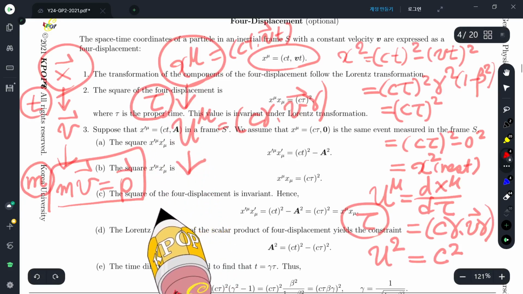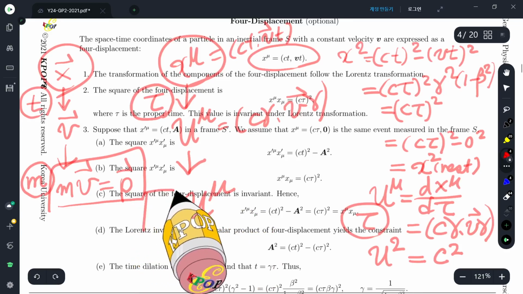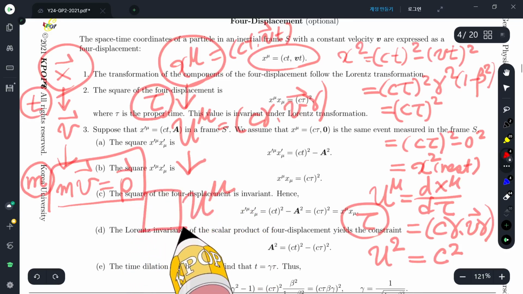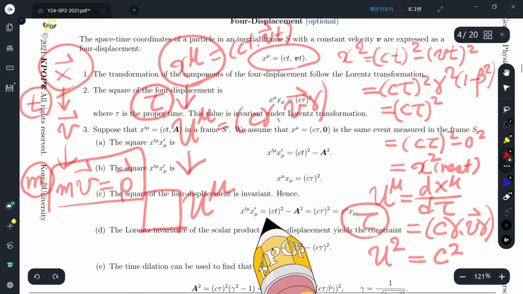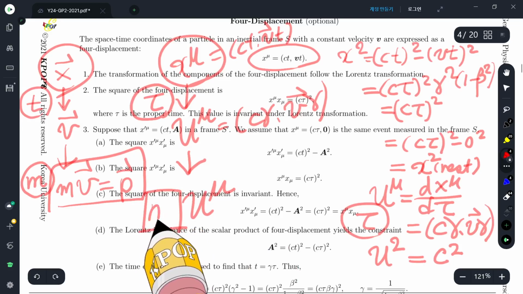What we have to do is multiply some parameter that has a scale of mass, but which is Lorentz invariant. What I would multiply is m0, that is called rest mass.